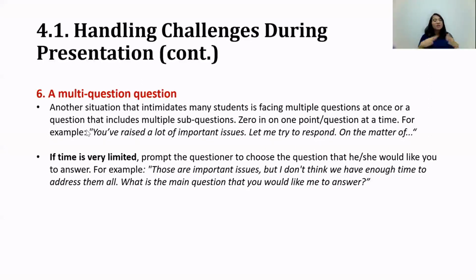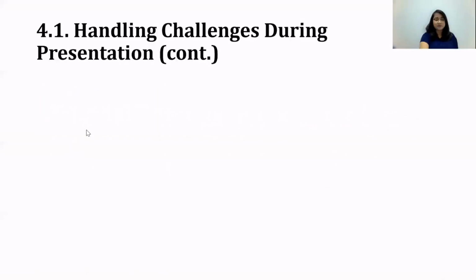If you know that the time is very limited, and usually the moderator also reminds you, you can ask your questioner which question they want you to answer. It's also important so that you are not only focusing on a certain audience member, but you can cover as many questions from various audience members as possible.